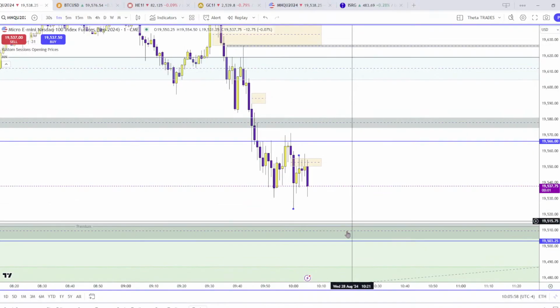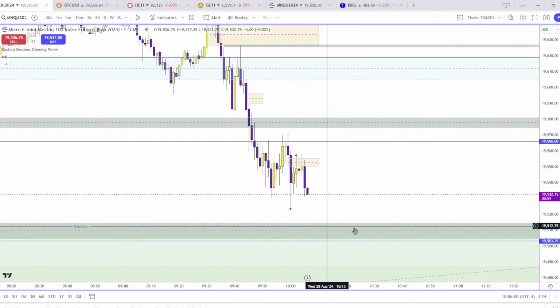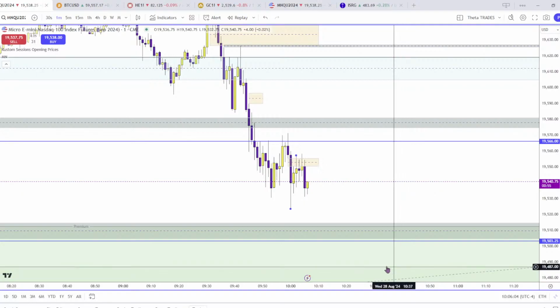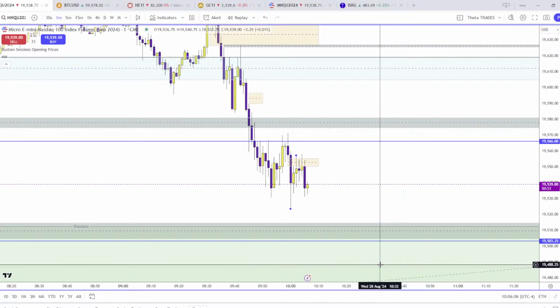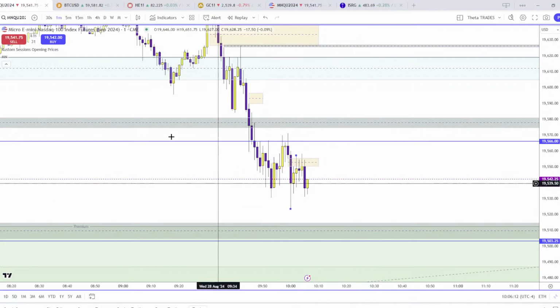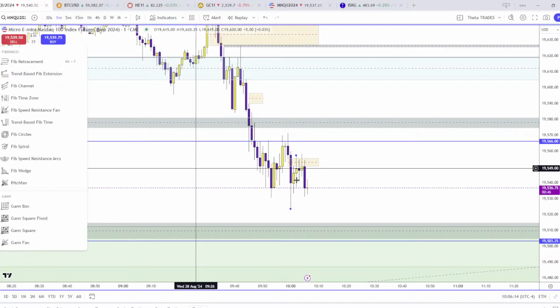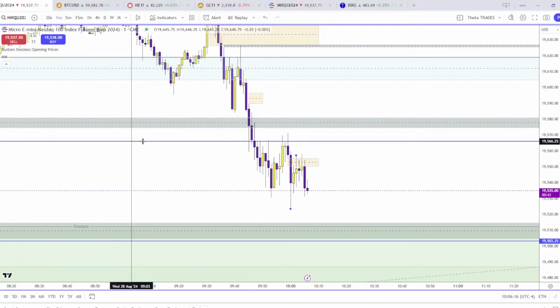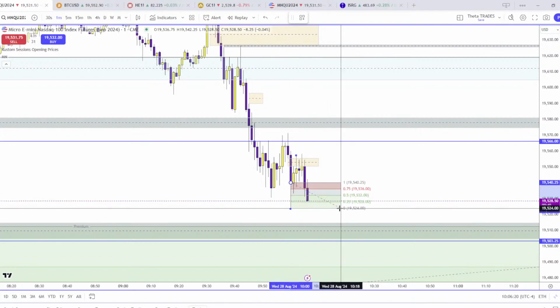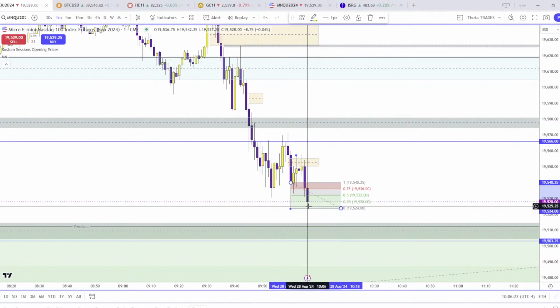Looking for this level here. This wick, look for 50% of this wick. We're trading 75% of that wick.